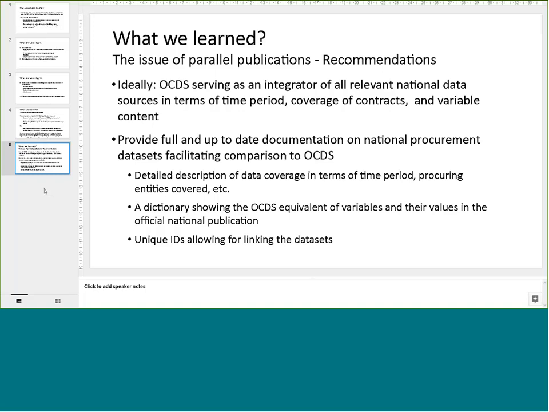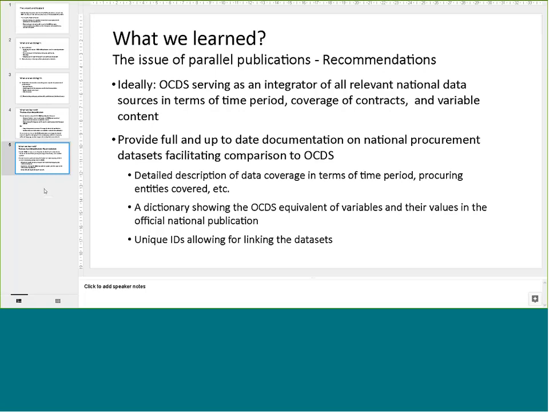And our second answer or solution to the question, what would have made the data collection easier, is that if covering everything with OCDS is not an option due to lack of resources or other reasons, publishing more detailed OCDS-focused documentation could still help a lot.